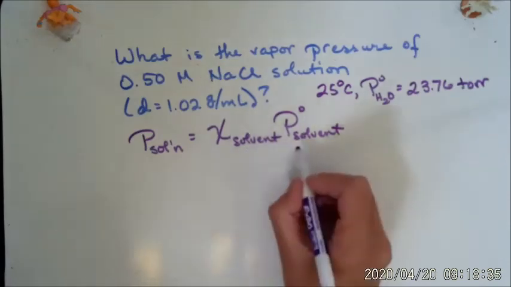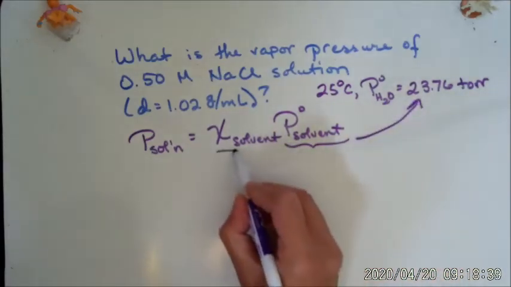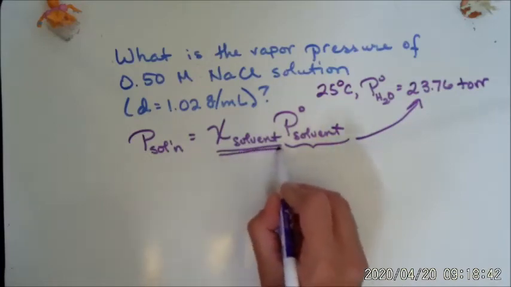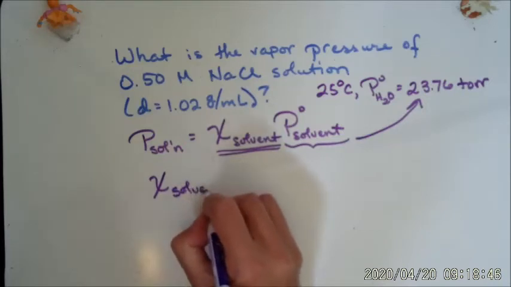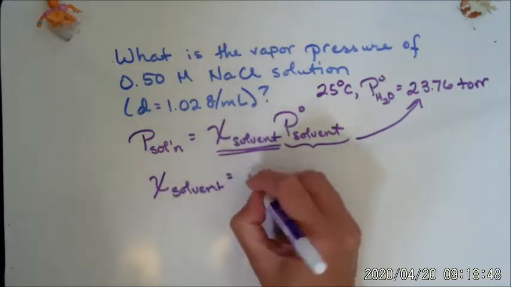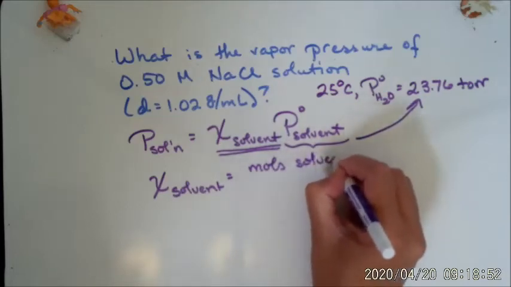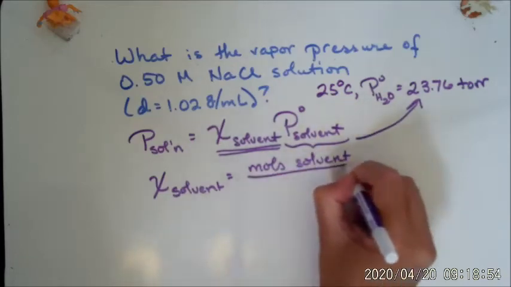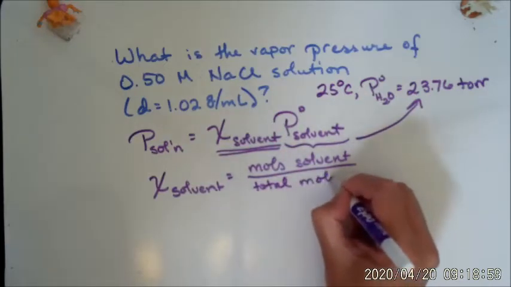Okay? All right. So you can look that up in the table in Appendix B. All right, so what we really need is, this is given. So what we need is this. What is my mole fraction of solvent? Remember, my mole fraction of solvent is going to be equal to the moles of solvent divided by the total moles.